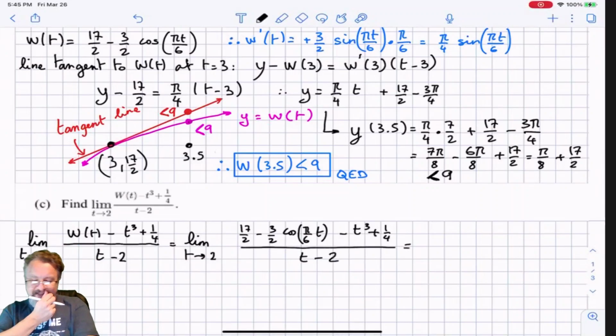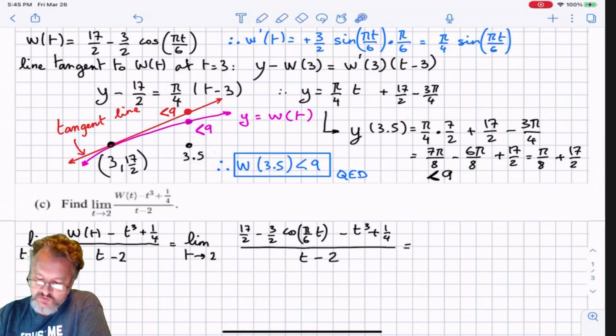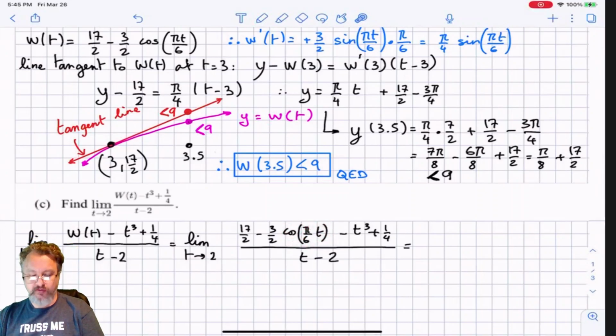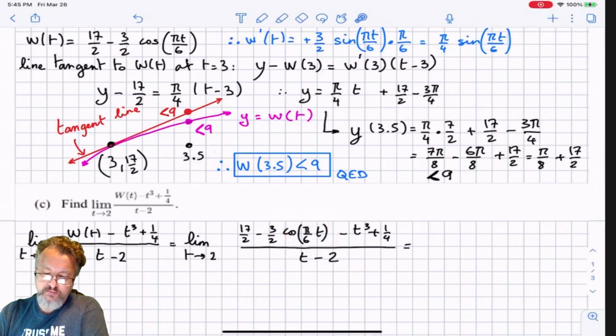So if I replace t by 2, that's going to be pi over 3, right? And we know that cosine of pi over 3 is 1/2.